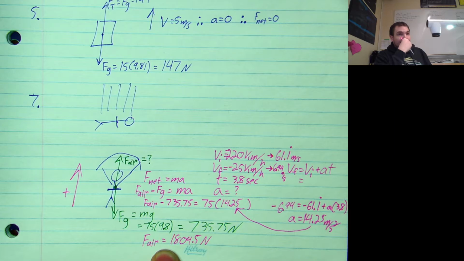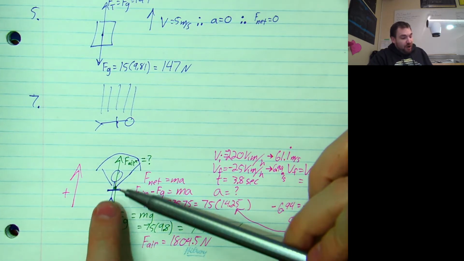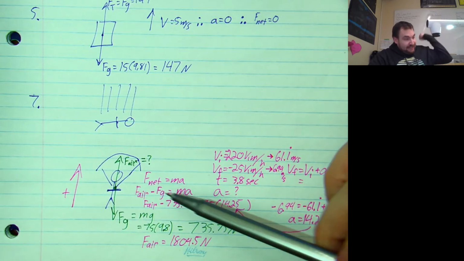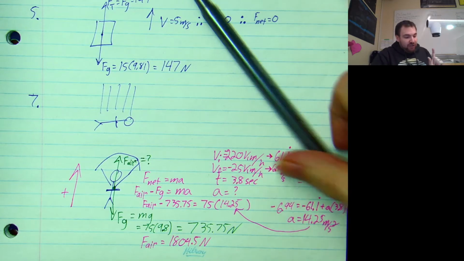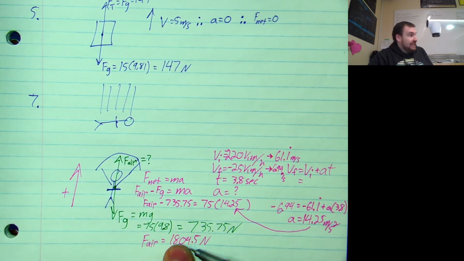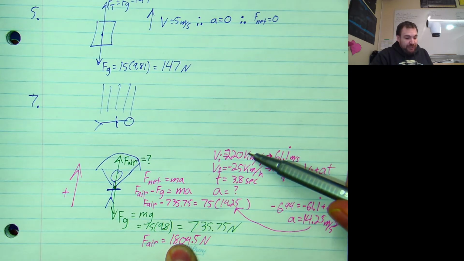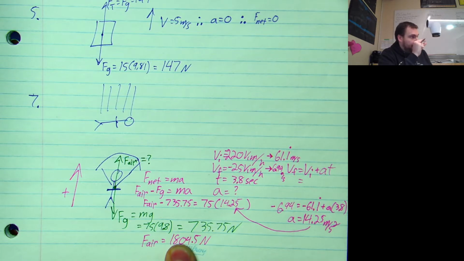That's slowing you down. So she's still falling down, she's just now falling slower. The instant the chute gets pulled, it goes whoomp. It doesn't take a lot of time. All of a sudden, the force of the air is this on her, dropping her from 220 kilometers per hour to 25 kilometers per hour in a very short period of time.